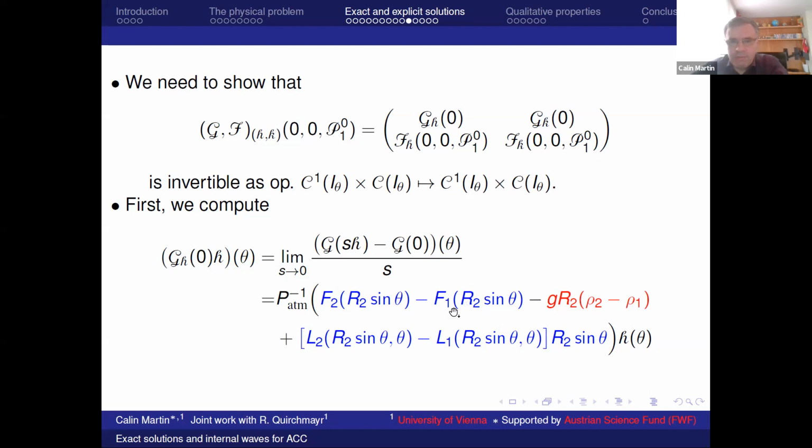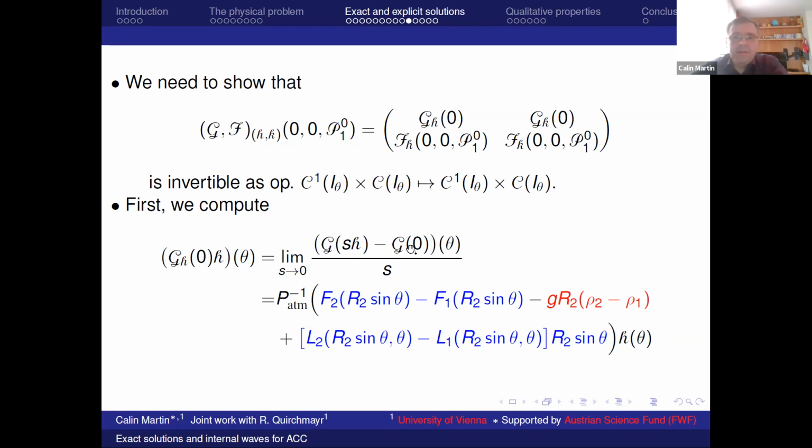F2 and F1 are those given functions that define the velocity field, and L2 and L1 are some other expressions that involve this body forcing and some other integrals. And the term in red is quite explicit: acceleration of gravity times the difference in densities.